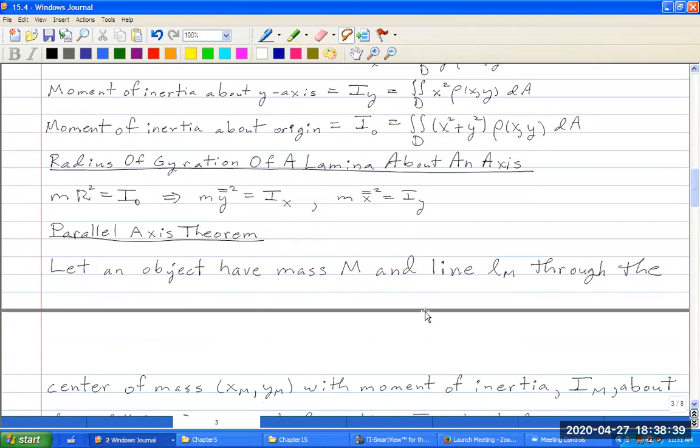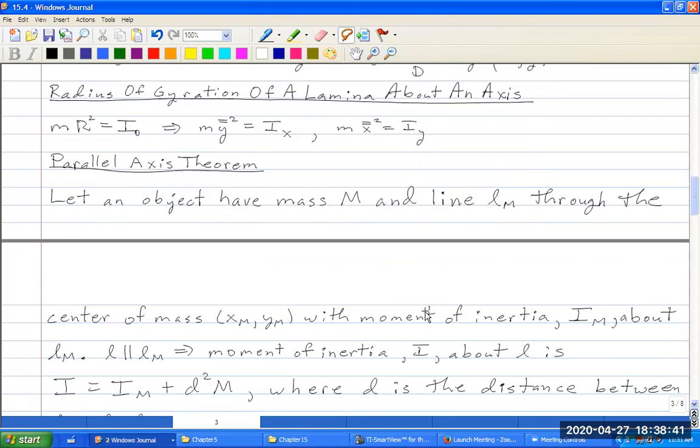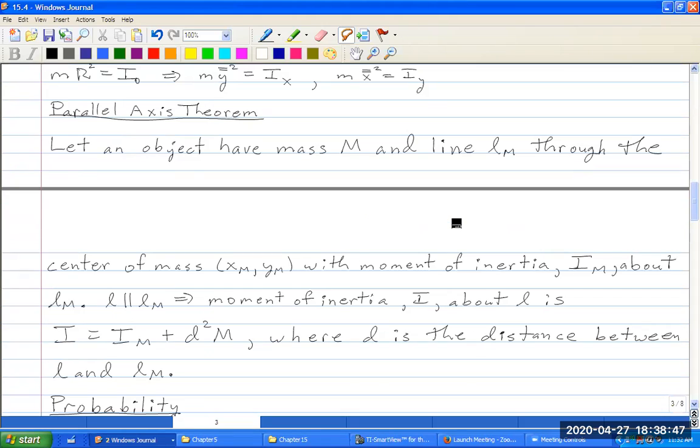Parallel axis theorem. Let an object have mass m and line L sub m through the center of mass x sub m, y sub m, with moment of inertia I sub m about L sub m.